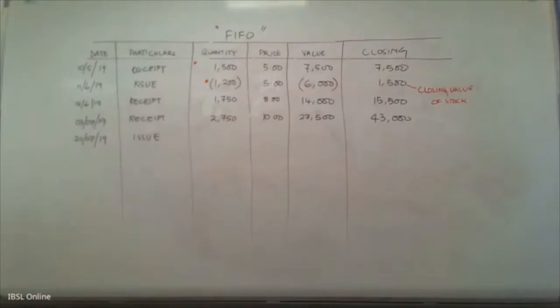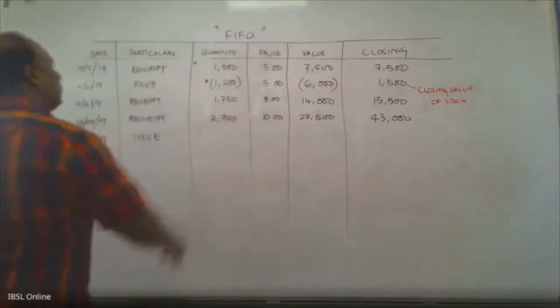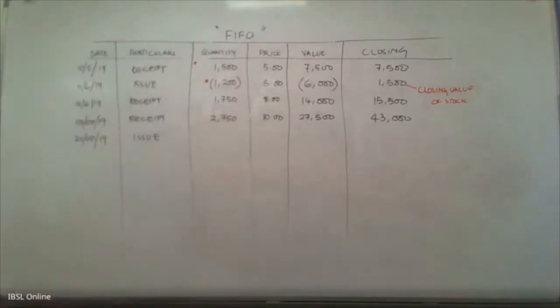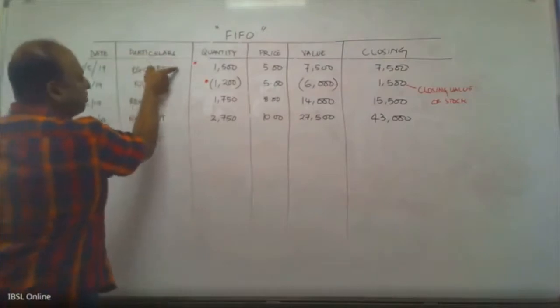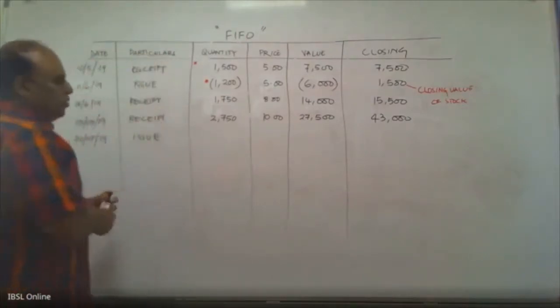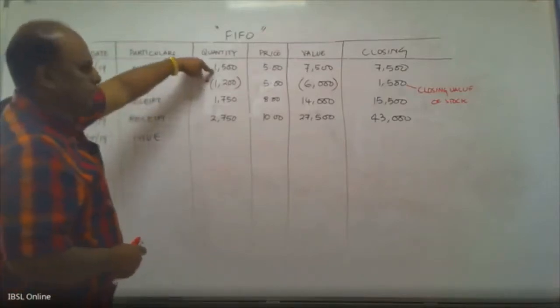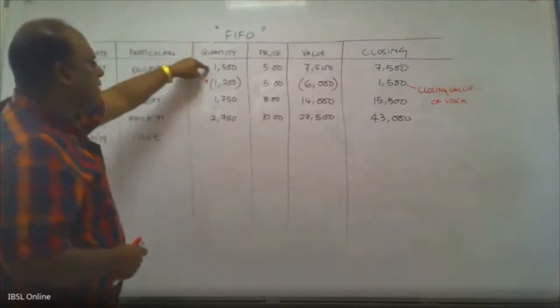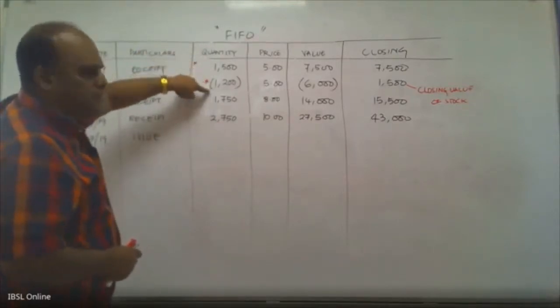I have to go on the basis of this FIFO. So I have to look at what is the first item which has come. The first item is this 1,500 units. Out of these 1,500 units, I have already issued 1,200.